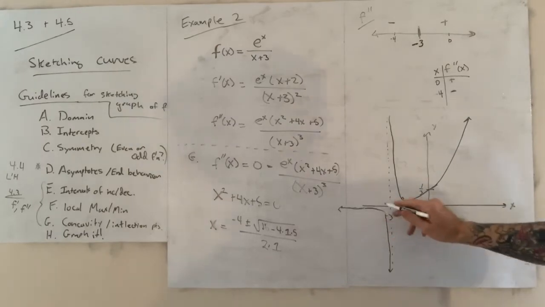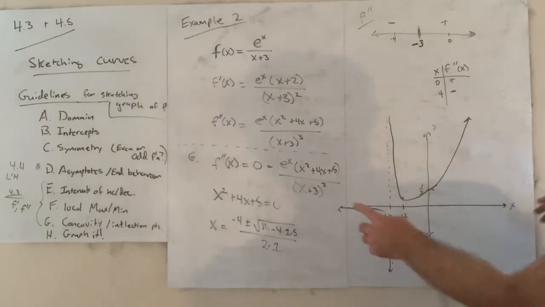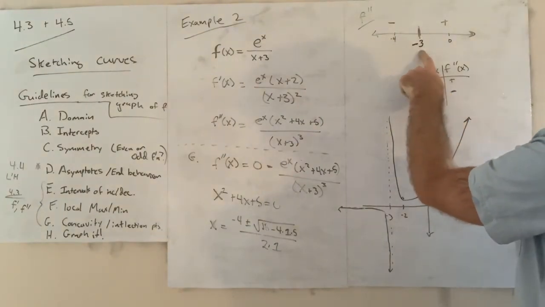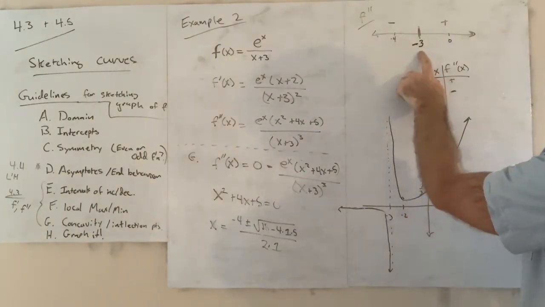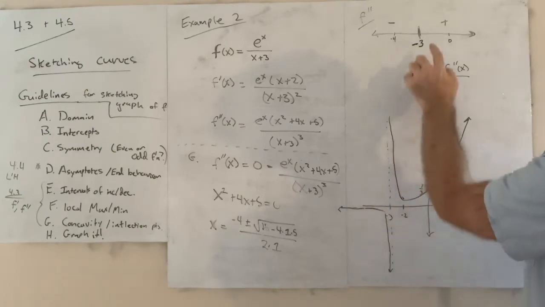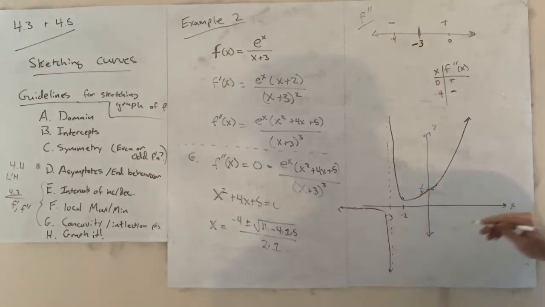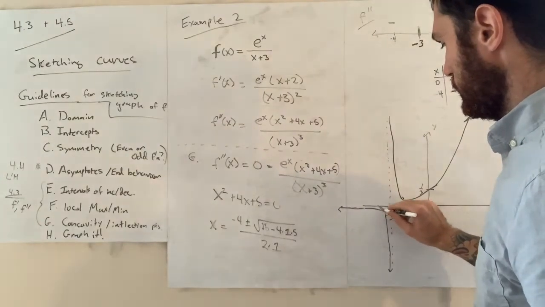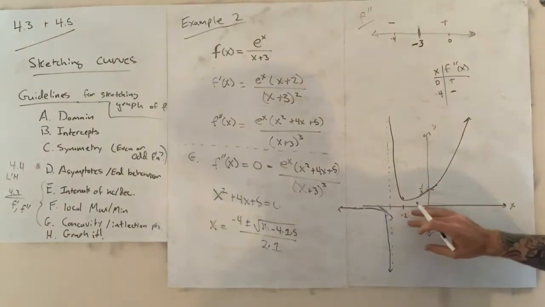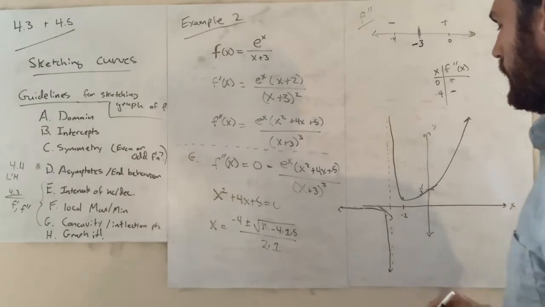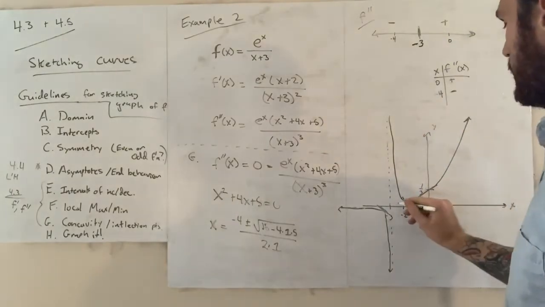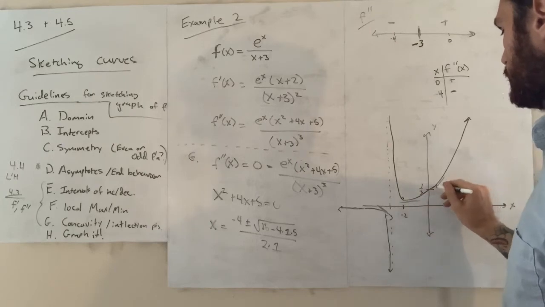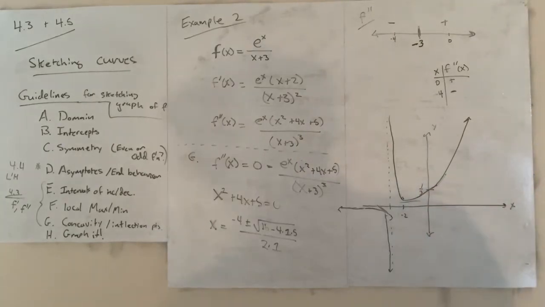And concavity wise, before negative 3, it's going to be concave down, so all of the slopes are going to be above your function, and then when it flips, the graph is going to be above all of the slope lines. So you can kind of see that there.